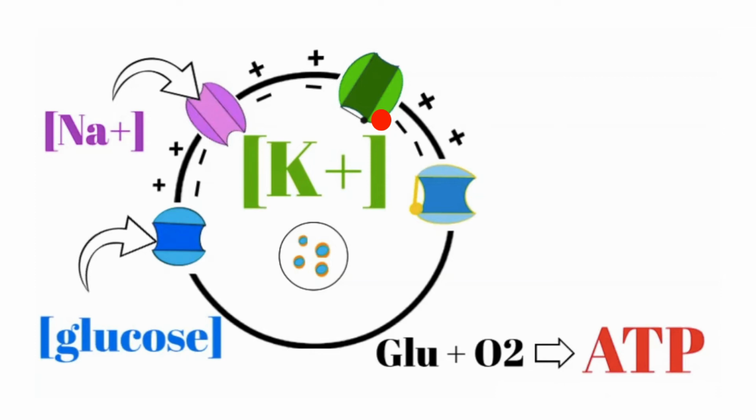So if potassium can't leave through the potassium ATPase channel, we're going to get an increasing concentration of potassium within the cell, which means more potassium ions, more positive charge within the cell that can't leave, accompanied by this sodium, which keeps leaking into the cell. And that is going to cause the cell to depolarize, all this additional positive charge coming into the cell or being retained within the cell.